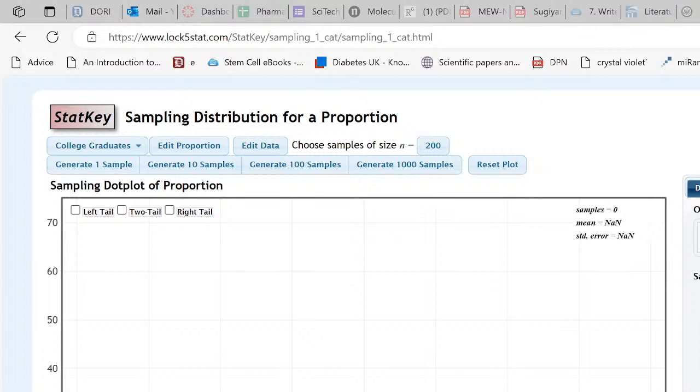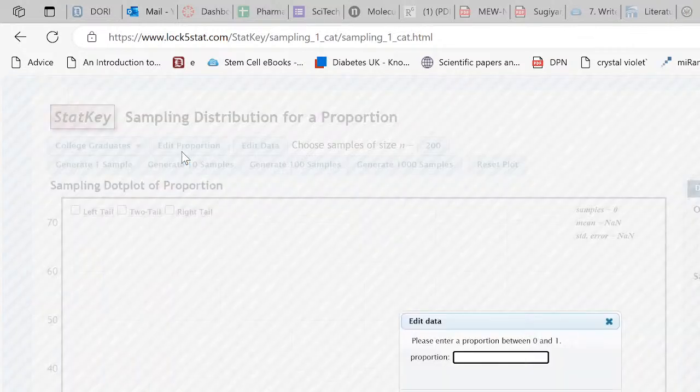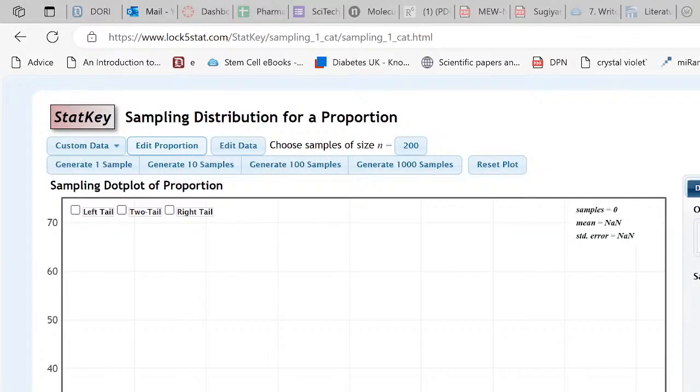Let's start with size 20. 20 mosquitoes. The display is very small here, but I'm putting in the proportion of 0.30 right there. So it's like I'm reaching into this mythical virtual population of mosquitoes. Okay. I'm going to change my sample size to 20. I know it's rather hard to see there.